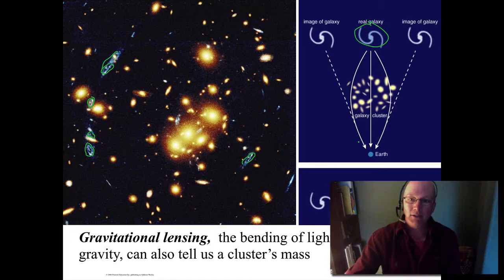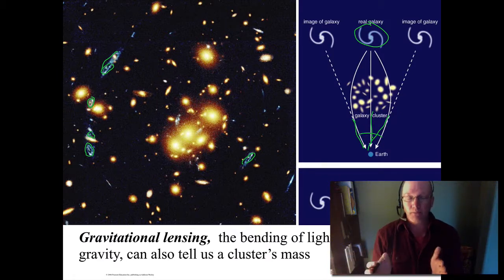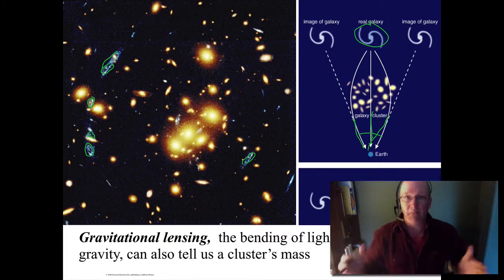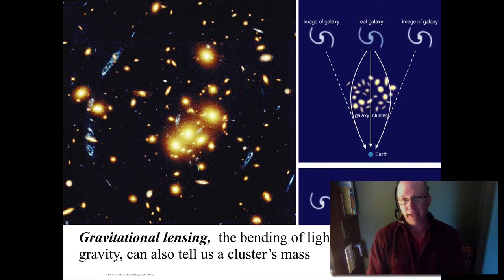We see these images of the galaxy, and how much this deviates as an angle from this center line tells us how much mass there is in the middle. If it doesn't bend very much, there's not very much mass. If it bends a lot, then there's a ton of mass. So we can use this again to weigh the clusters, and you guessed it, there's more mass than we can see.